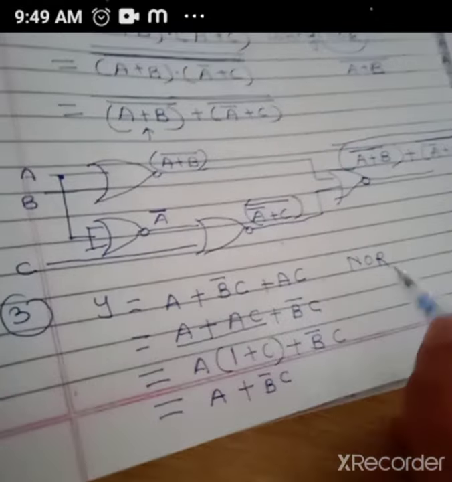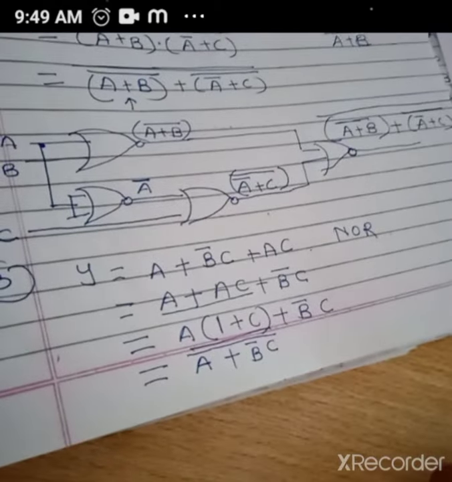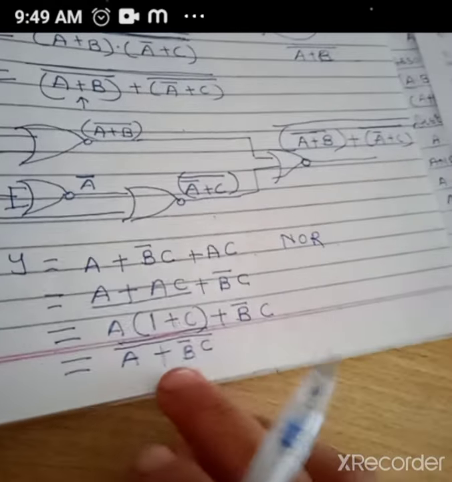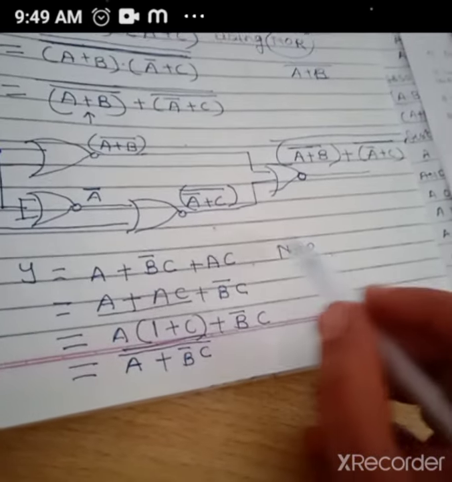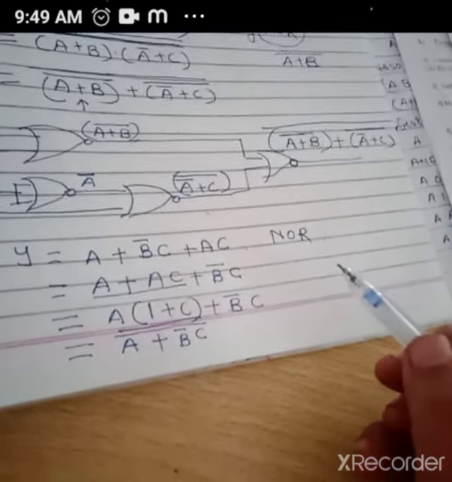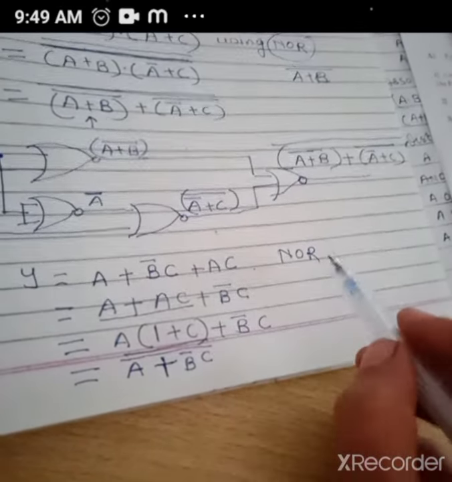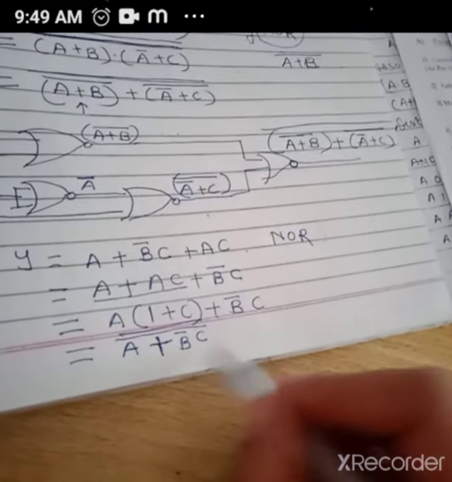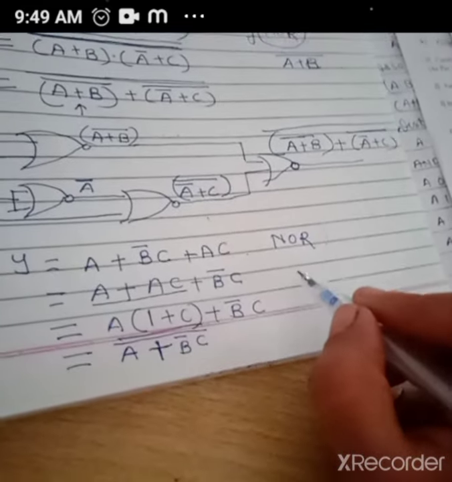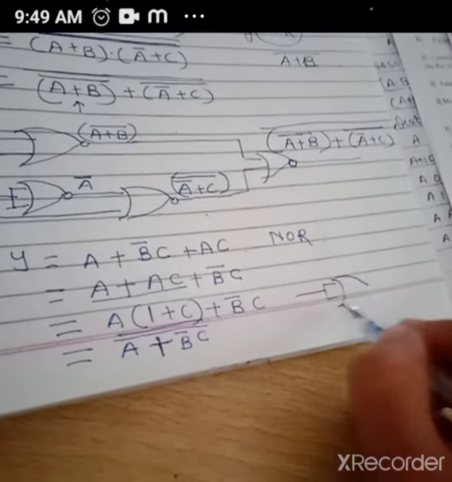Right? Now for NOR, you have to put a double bar here. Right? This double bar means you are converting the given equation in the form of NOR. Only plus is not required, complement is also required in NOR, right? So if you want to design this equation, then take B bar with a NOR inverter.